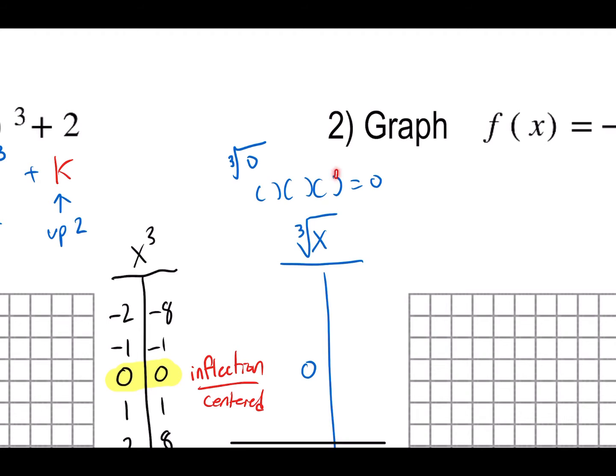What is that something? It happens to be 0. And then moving on, something times itself 3 times equals 1. That's easy. 1 times 1 times 1 is 1. And same with negative 1. What multiplied by itself 3 times is negative 1? We've already seen that. It's negative 1 times negative 1 times negative 1. So the answer to this must be negative 1.